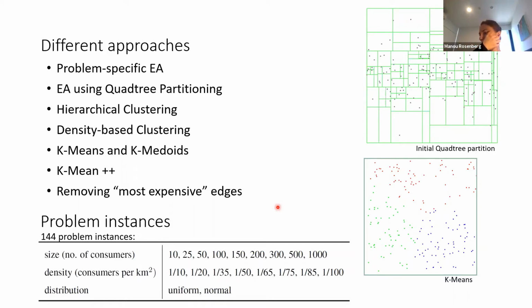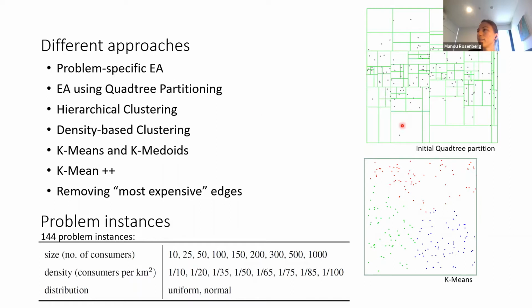So we looked at different generated problem instances that were based on real network or real electricity consumer distributions and their loads, and looked at how these different approaches work on the different instances.